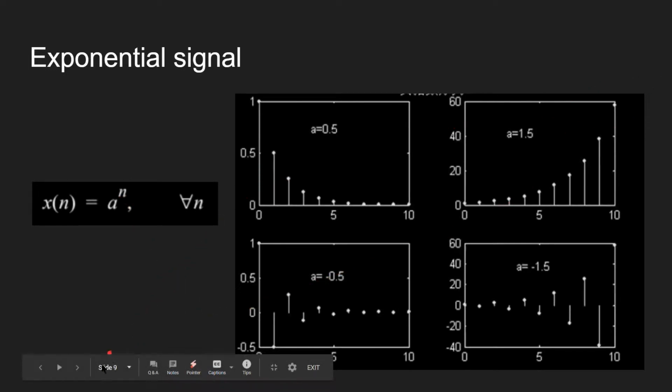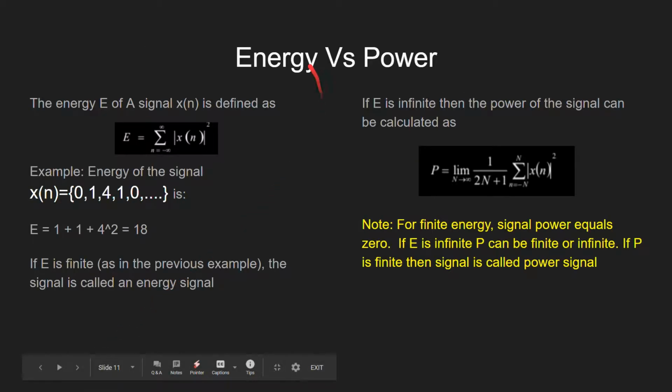Next, we will see the different classifications for DTS. So energy versus power. According to this, the energy of a signal x of n is given by this equation.